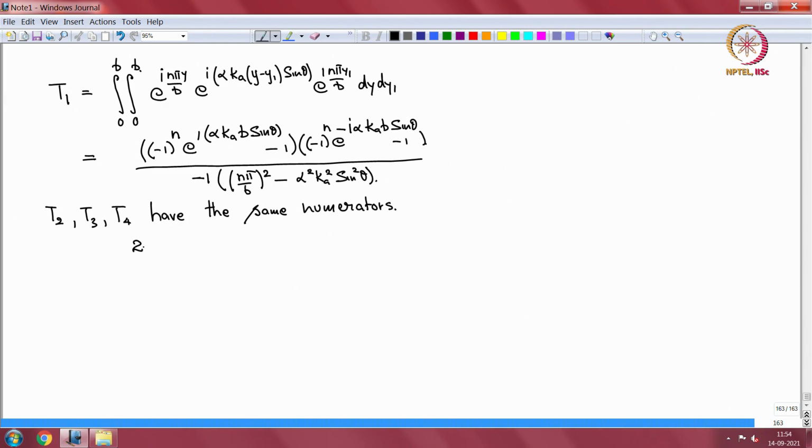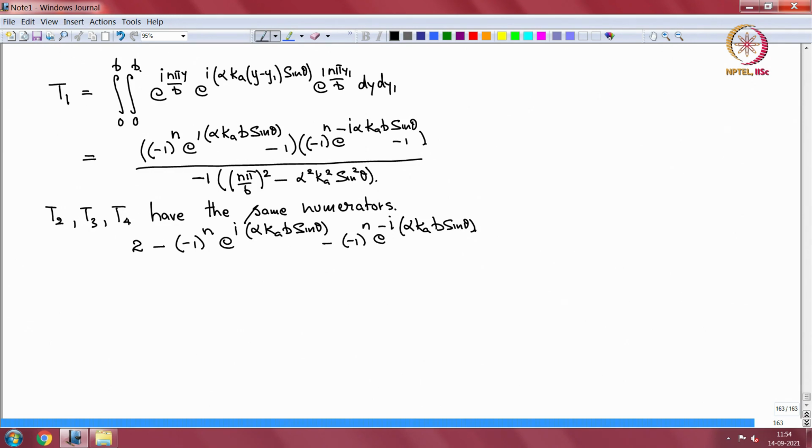Each of them has the same numerator, minus 1 to the power n e to the power i alpha k a b sine theta minus 1 to the power n e to the power of minus i alpha k a b sine theta. This is the numerator.